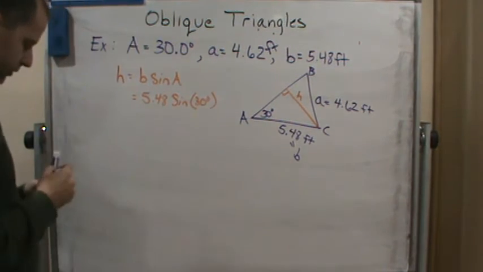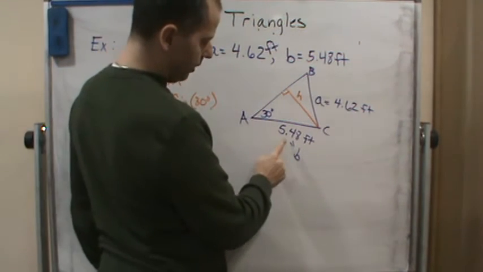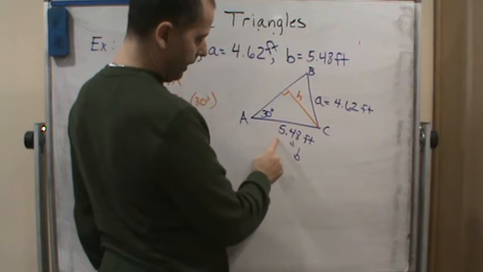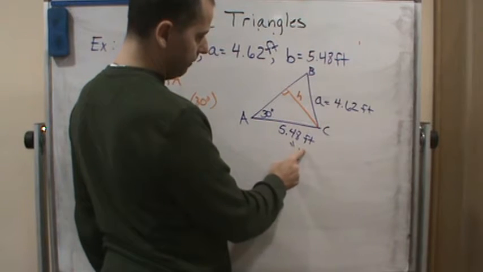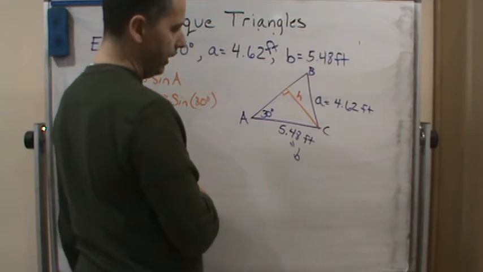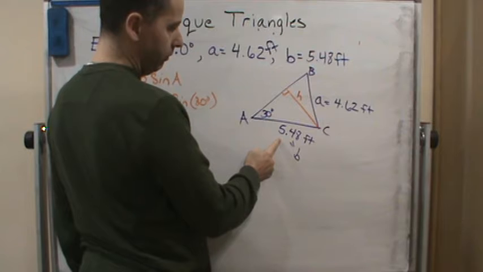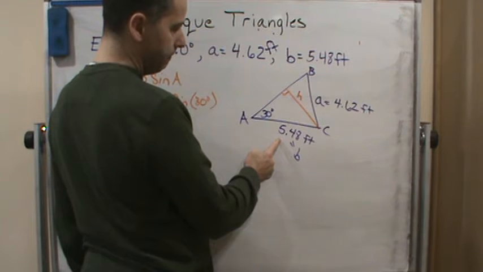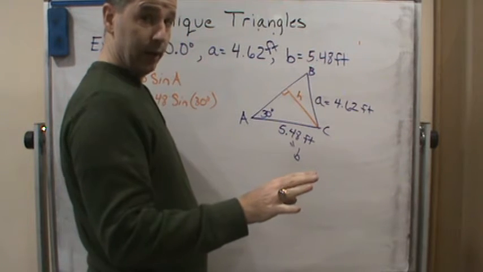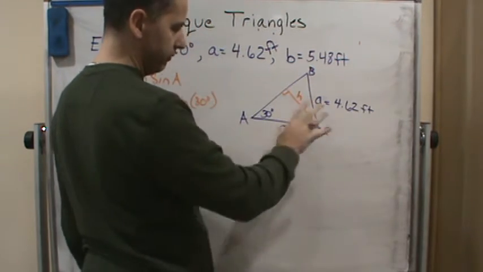Now, hold on a second. Let's think about our relationship here. We've got this is b and this is a. a is less than b, so we might have a triangle. If a was bigger than b, then we'd be done. But we're good so far.